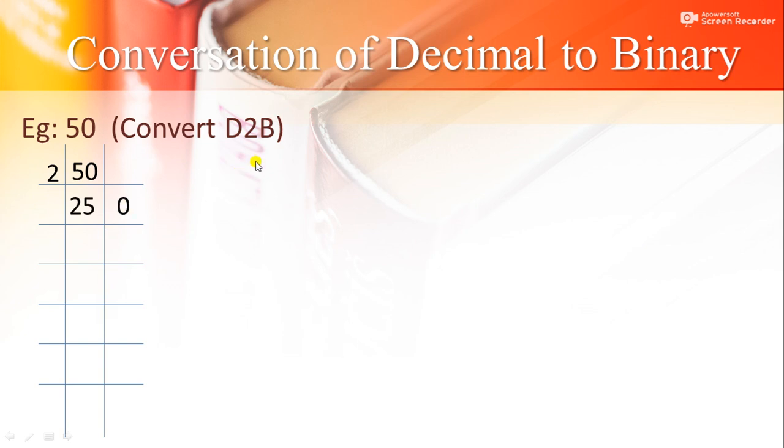So now we will also divide 25 by 2 only, because binary number system contains only 2 digits, that is 0 and 1. So let's see. Now over here 25 is divided by 2, so answer is 12 and remainder is 1.